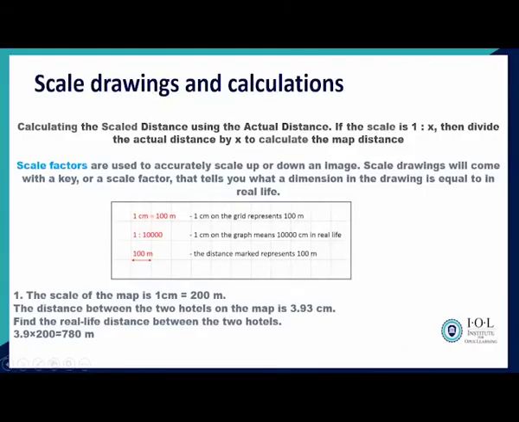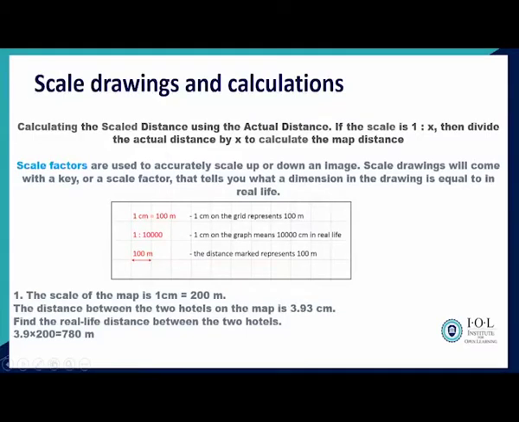Calculating the scale distance using the actual distance: if the scale is 1 to x, then divide the actual distance by x to calculate the map distance. Scale factors are used to accurately scale up or down an image. Scale drawings will come with a key or a scale factor that tells you what a dimension in the drawing is equal to in real life.